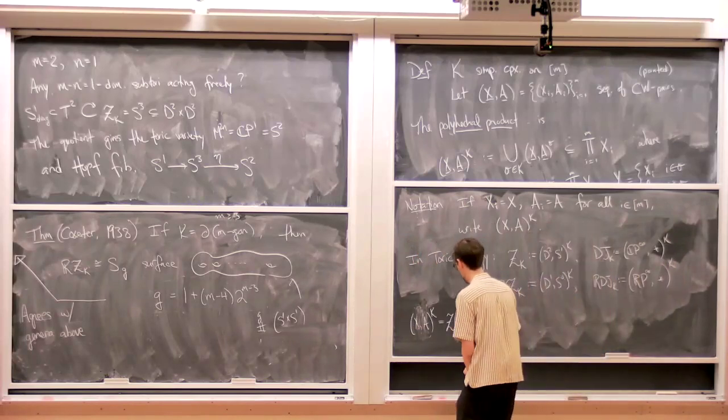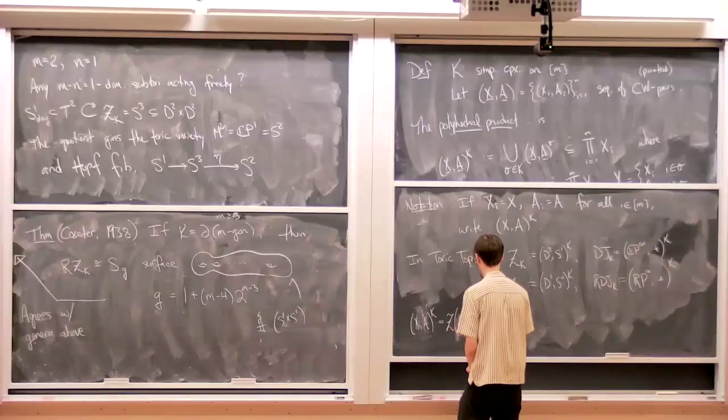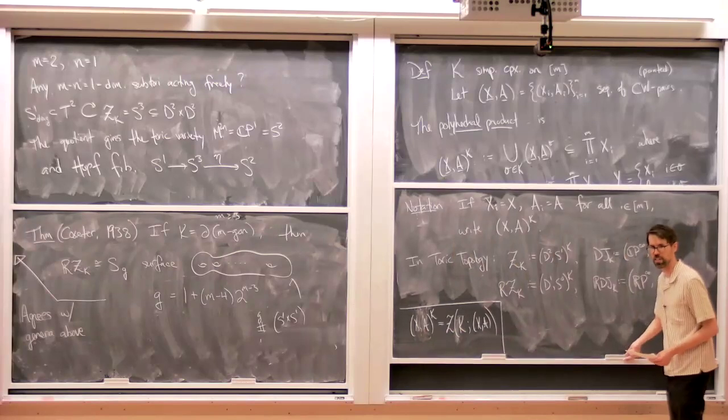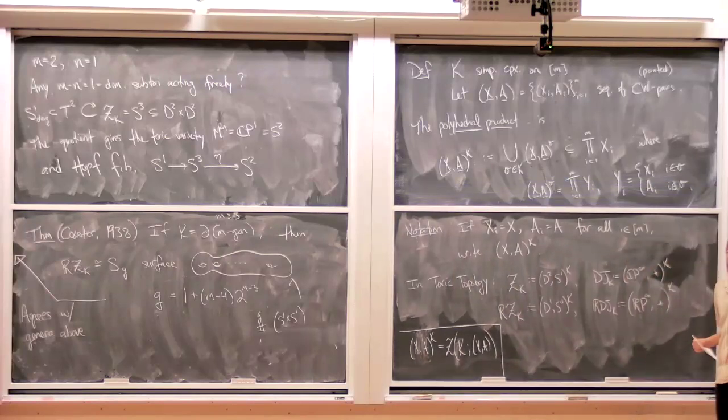Like Z, K, semicolon, X, A. So here's some alternate notation you might see around. Do I have that right? Sure, yeah. Too many brackets for me, though.